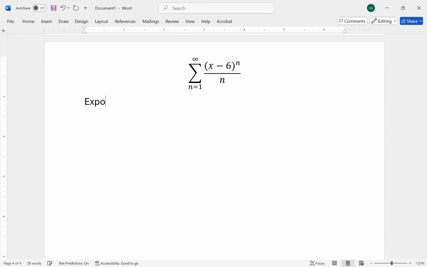So the exponential growth of x minus 6 raised to the nth power is the fastest, or most dominant. And this n to the first power, like the n to the p type growth, is less dominant than exponential growth.